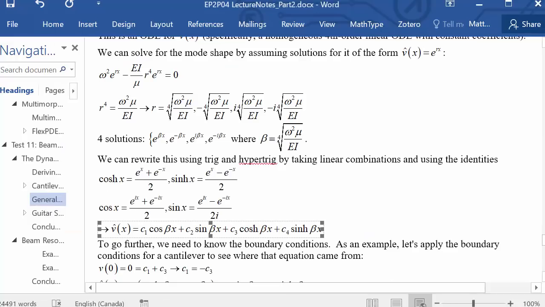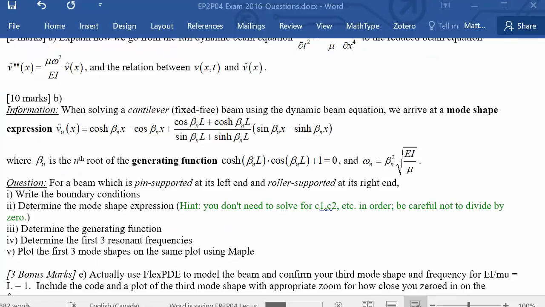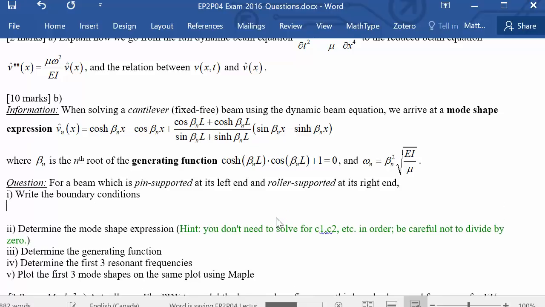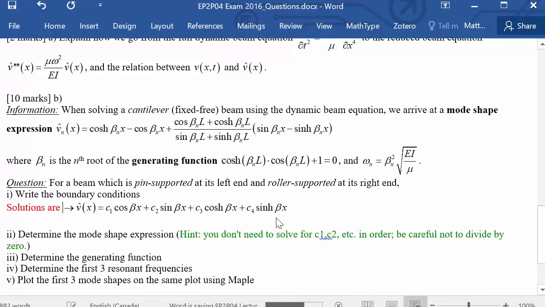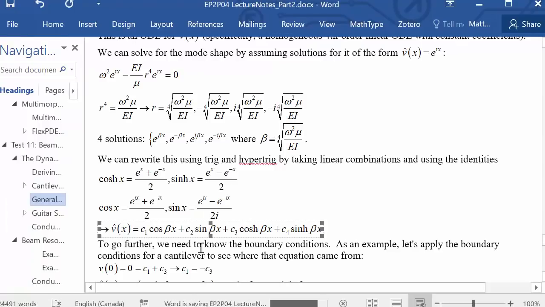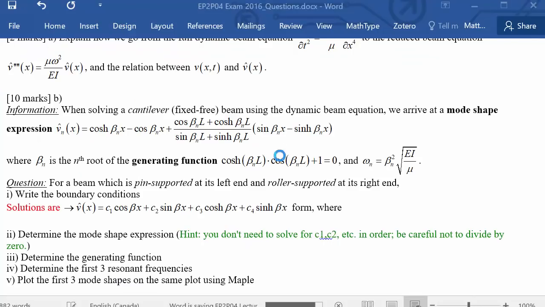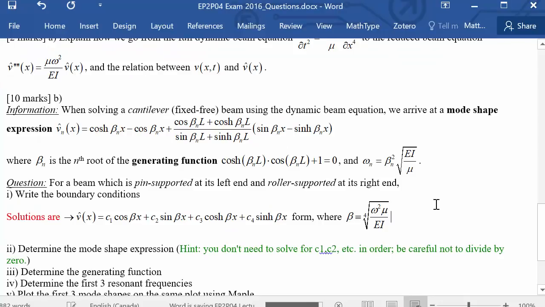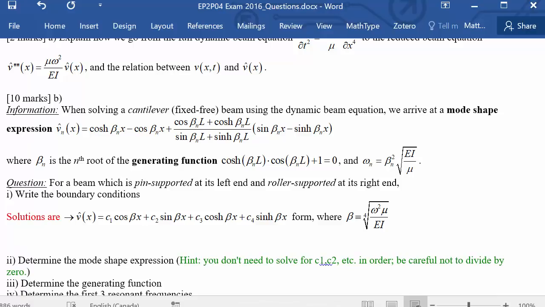So in other words, what we've got is that the solutions are of that form, where beta is equal to this, and then we're going to be getting the boundary conditions.